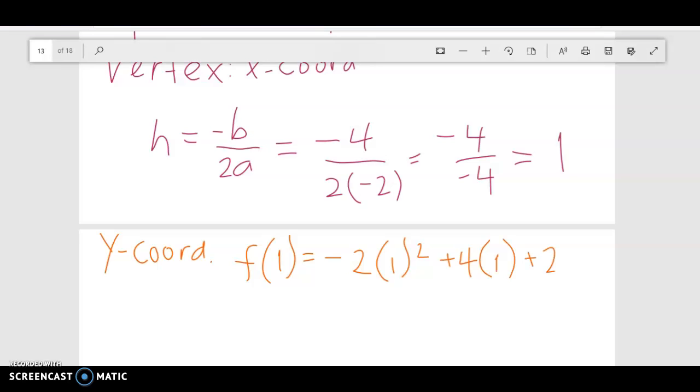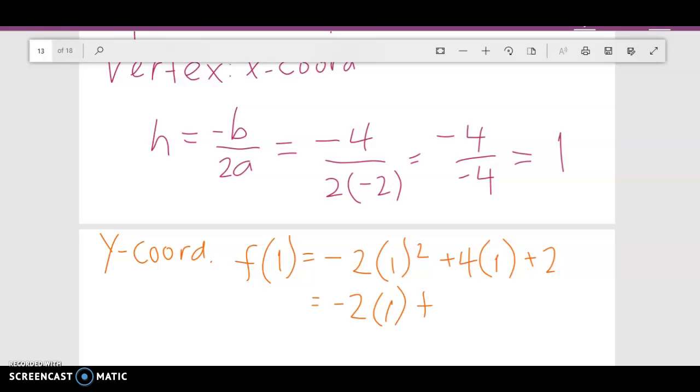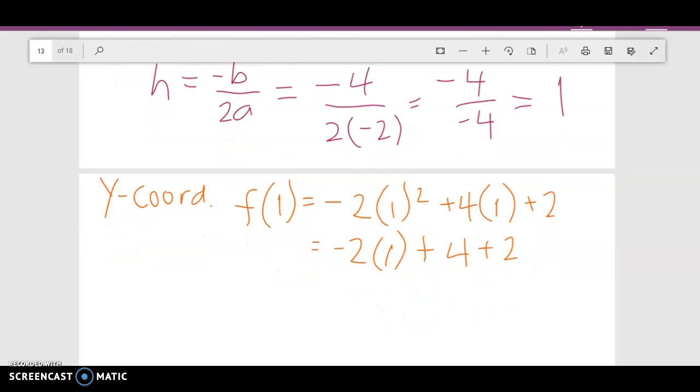Just making sure I did that right. Alright, looks good. So I have negative 2 times 1 is negative 2, plus 4 is positive 2, plus 2 is equal to 4.